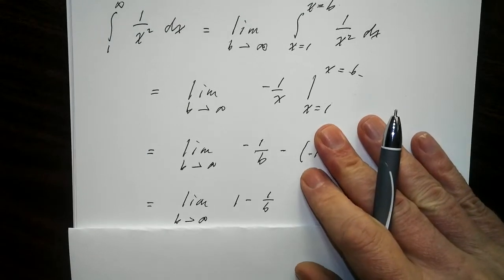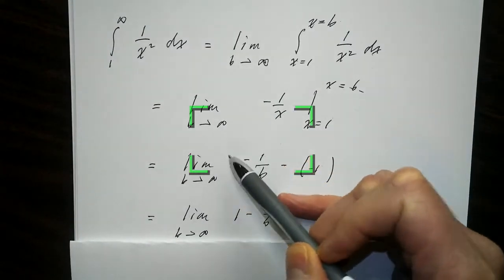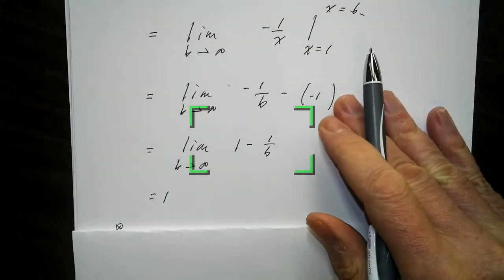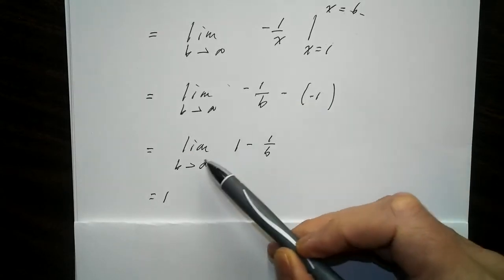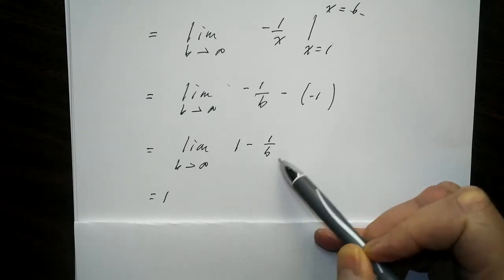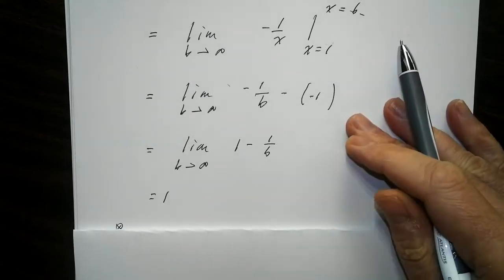Now it's important to use good limit notation here. Notice how I'm writing the limit as b goes to infinity at each stage. We're not just going to say 1 over infinity because infinity is not a number. But as b gets larger and larger, this quantity becomes as close as we want to 1, so the limit is equal to 1.